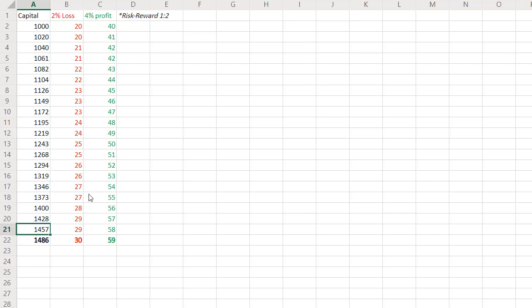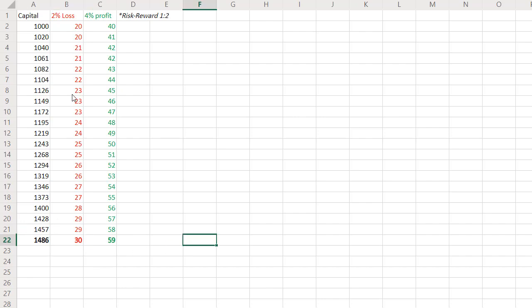So a 20 loss at the beginning will be almost a $30 loss when your capital grows. But also the $40 profit will become almost a $60 profit once you are over here, doesn't matter.